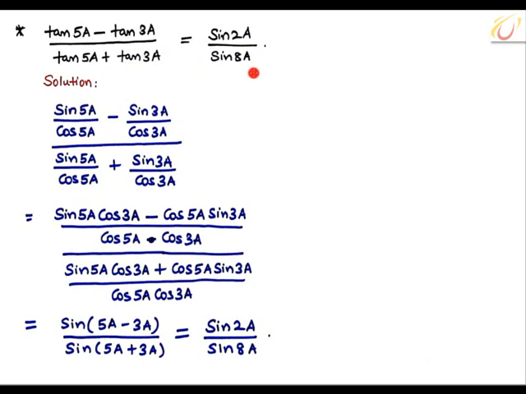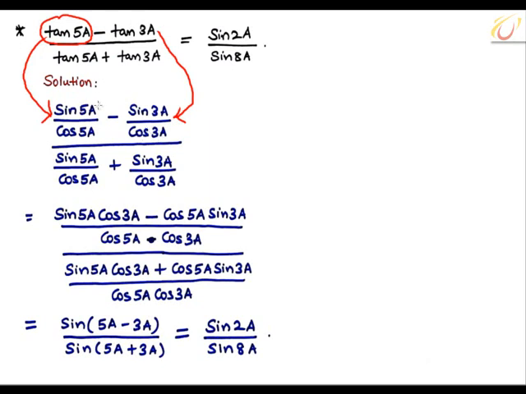On my RHS, I have got everything in sine. So everything that is tan, I convert to sine. So tan 5A can be written as sin 5A upon cos 5A. Tan 3A can be written as sin 3A upon cos 3A.